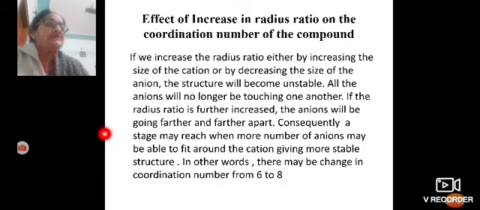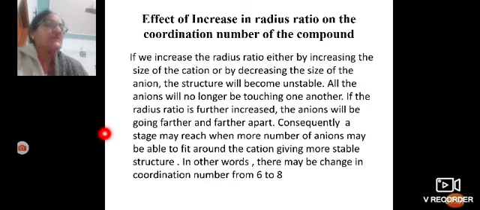All the anions will no longer be touching one another. If the radius ratio is further increased, the anions will go farther and farther apart. Consequently, a stage may be reached when a larger number of anions may be able to fit around the cation, giving a more stable structure.